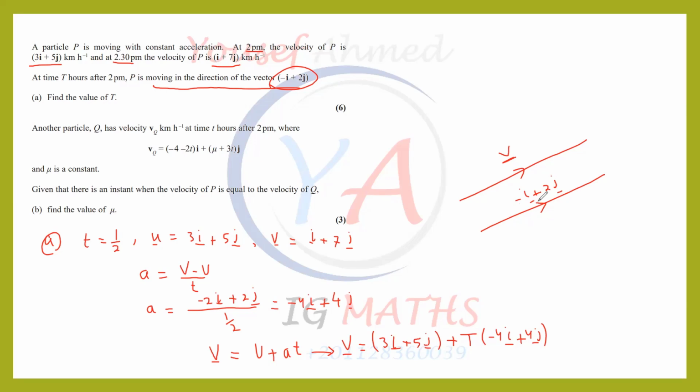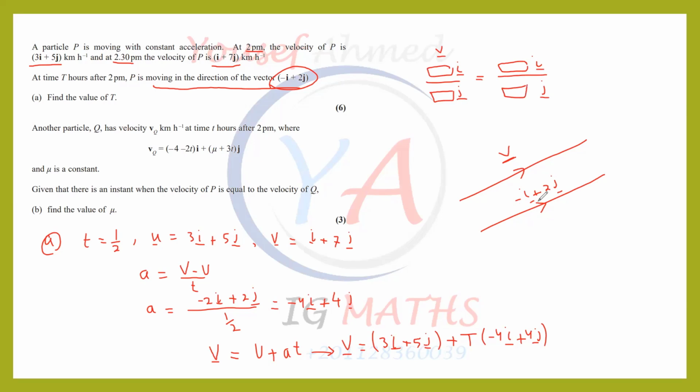So whenever you have two parallel vectors, you have to do this. You take the i component of the v vector over the j component of the v vector, and equate it to the i component of the new vector over the j component of the new vector, and then you do cross multiplication.